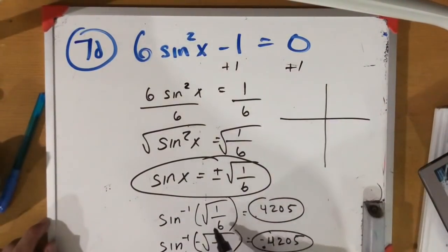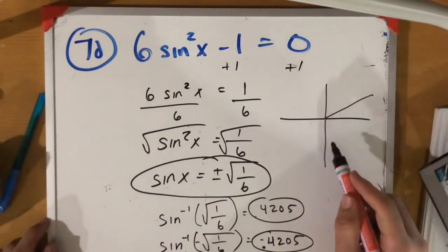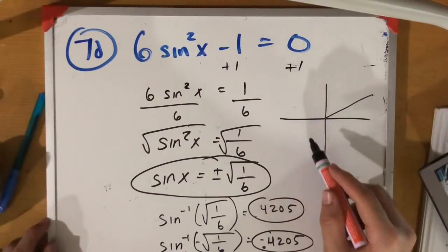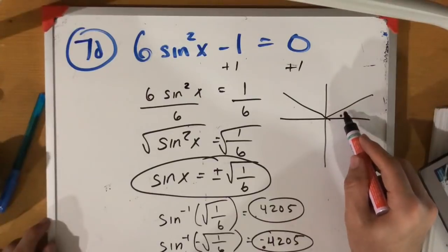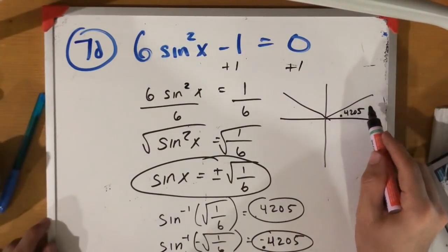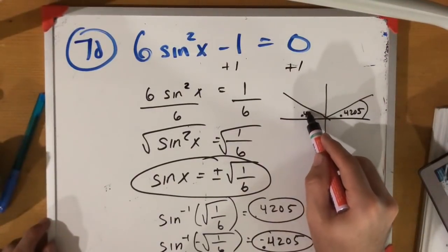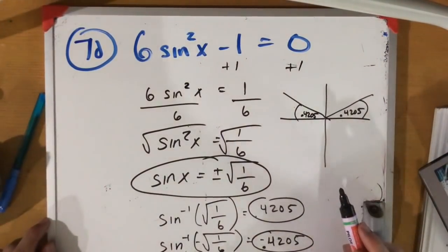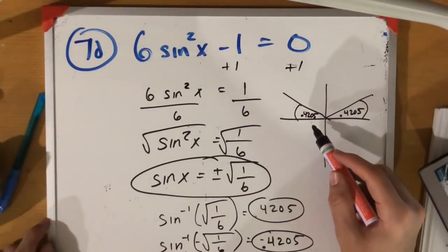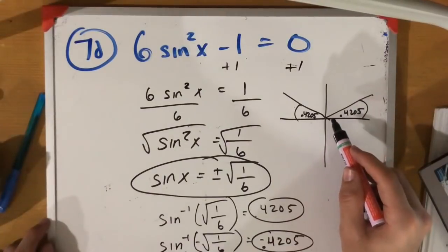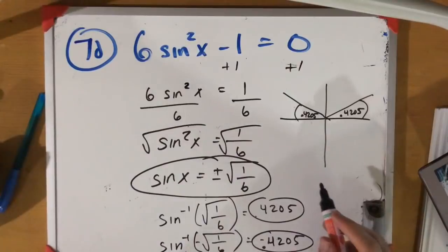Now tell yourself, where is sine positive? Sine is positive here in Q1, and here as well. And we know it has a radian measure of 0.4205 and also 0.4205. We just have to know what these exact values are according to our theta.